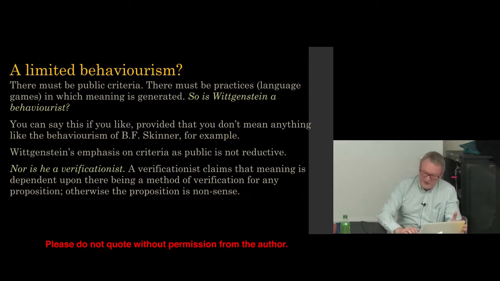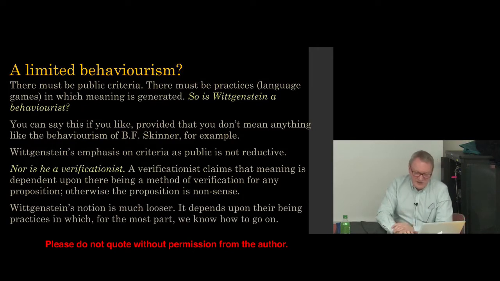Very extreme view, developed in the 1920s and 30s. So this isn't Wittgenstein. I'm just trying to show you what he's not saying. Wittgenstein's notion is much looser. It depends upon there being practices in which, for the most part, generally in other words, we know how to go on.